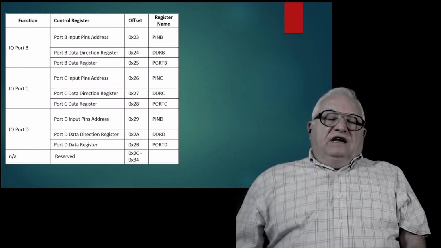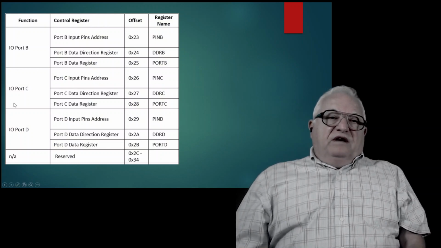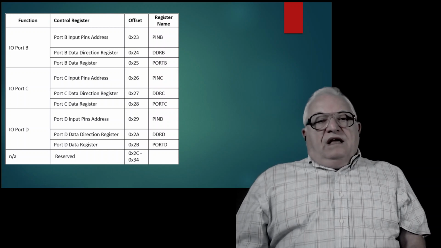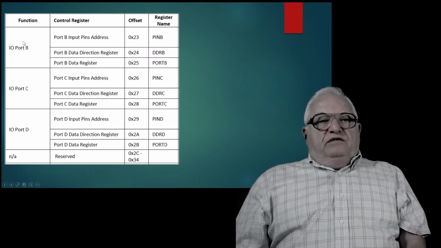Okay, so let's look at this matrix that I put together. All this information I got from the data sheet that I showed you. The data sheet had the addresses, the names, and the name of the control register.